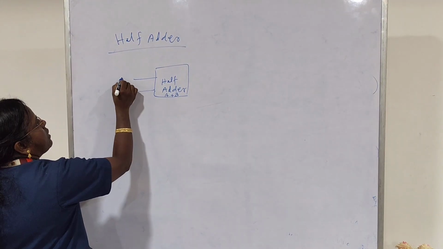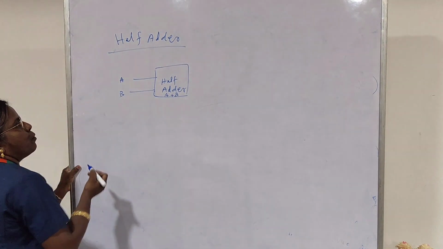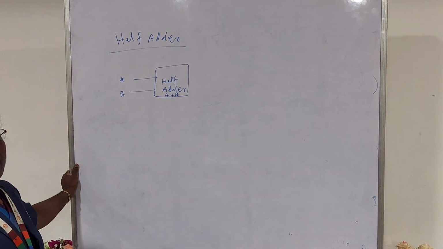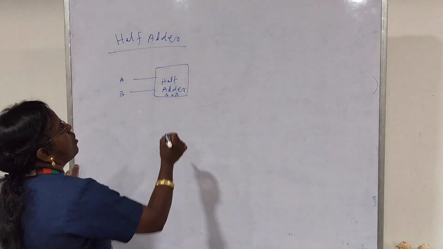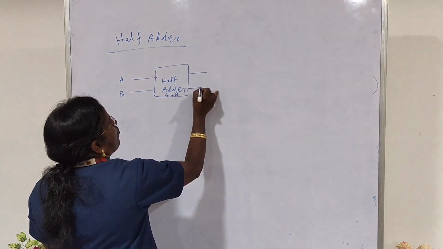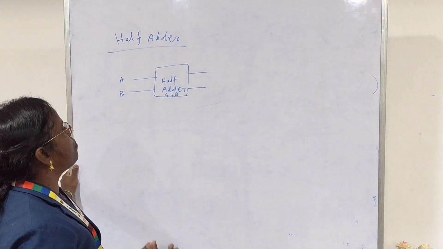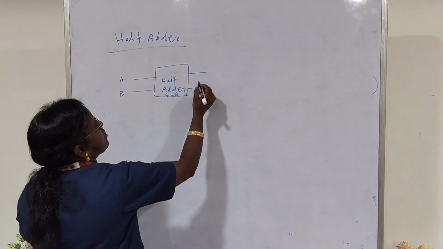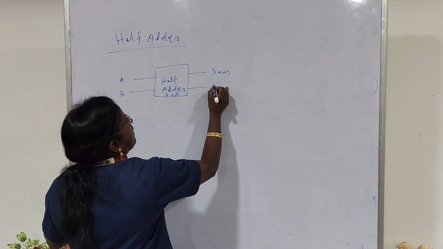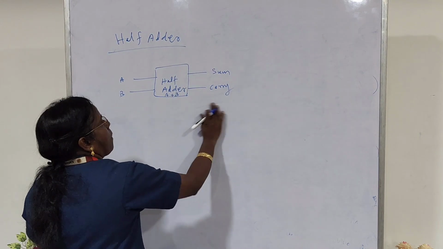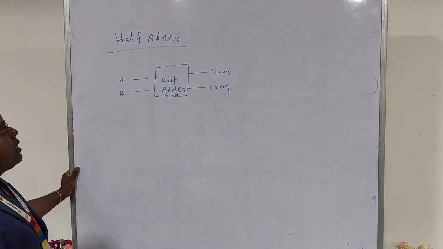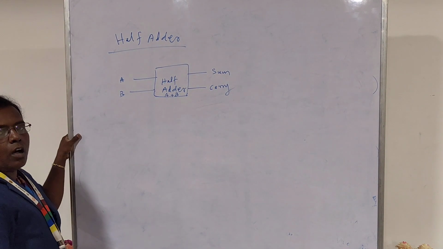So I am going to take the input variable A and input variable B. Both input variables should be single bit variables. It can generate the output, the addition result. The output of this addition is sum and carry. This is the general block diagram of the half adder.